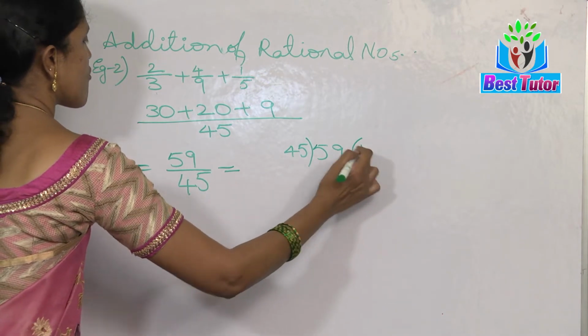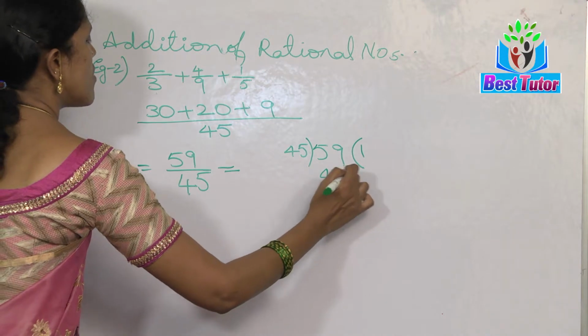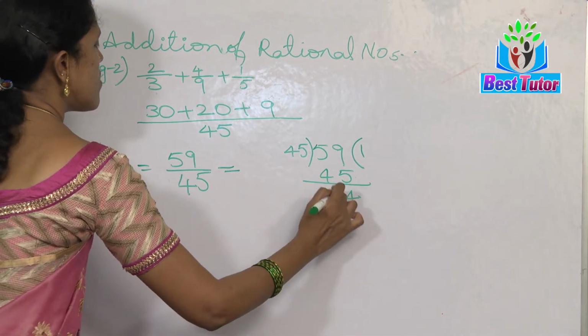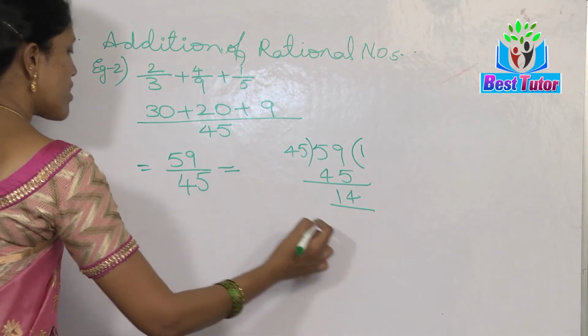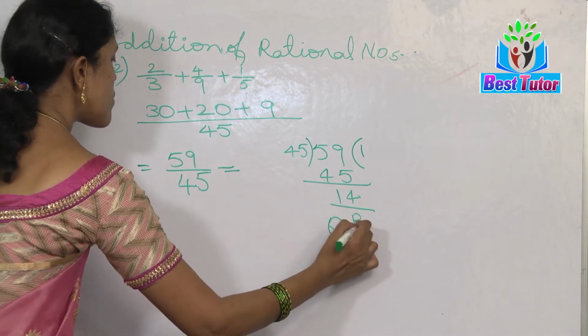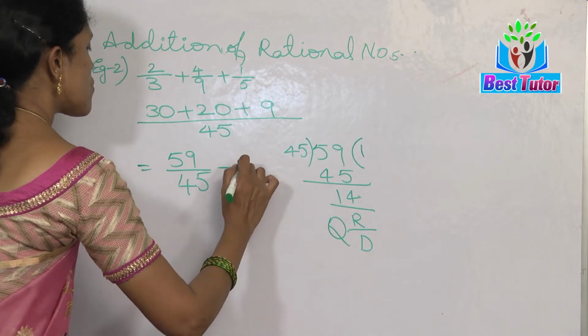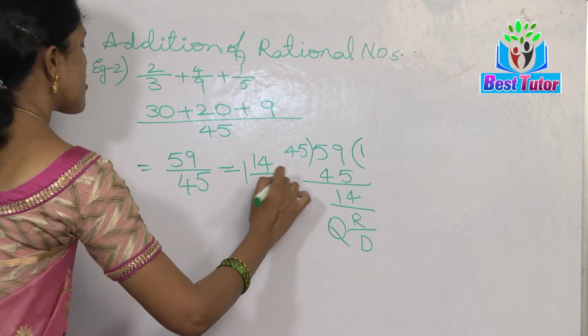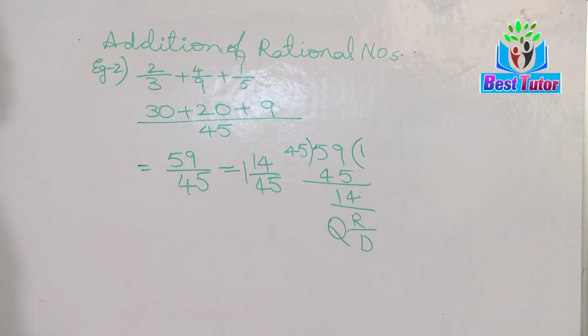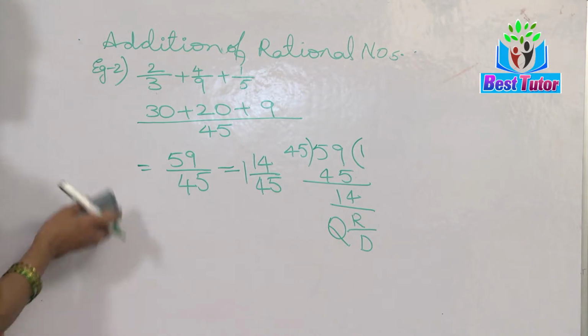Divide 59 by 45. 45 ones are 45 and the remainder is 1. So it's going to be quotient Q R by D. So 1 14 by 45. This is the procedure to add a set of rational numbers.